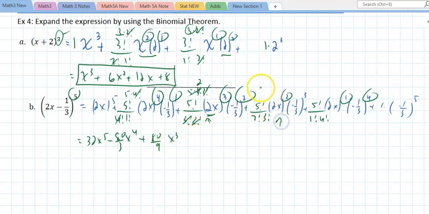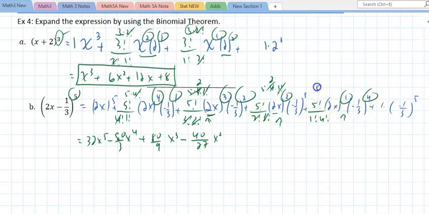This term, 5 times 4 times 3 factorial, those cancel out. That's also a 10. 10 times 4 is 40. That is 40 divided by 27x squared.